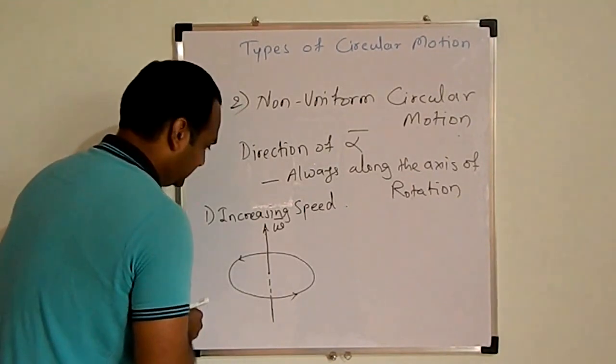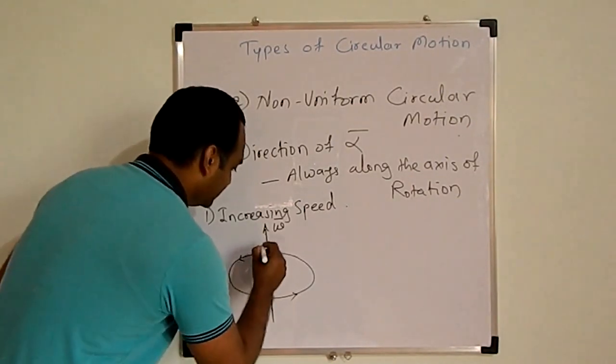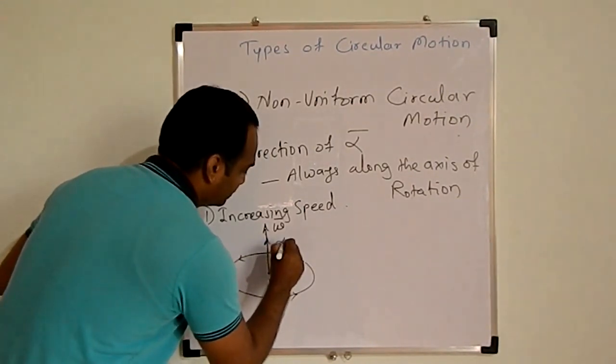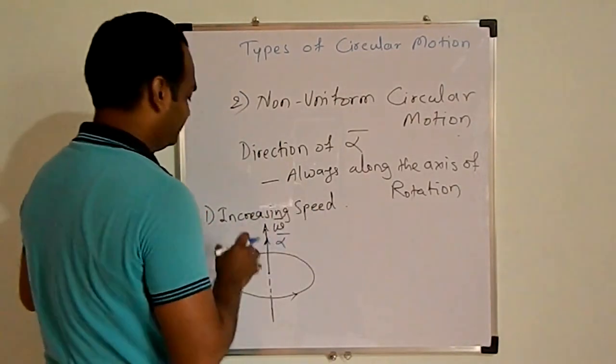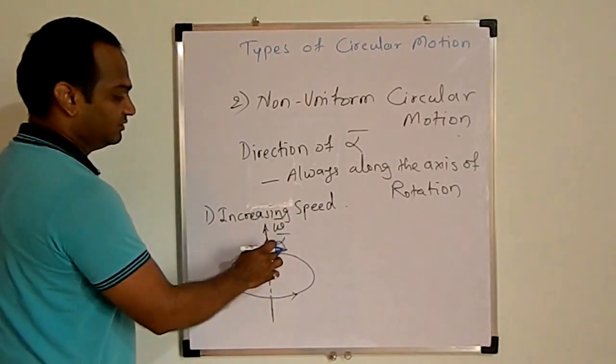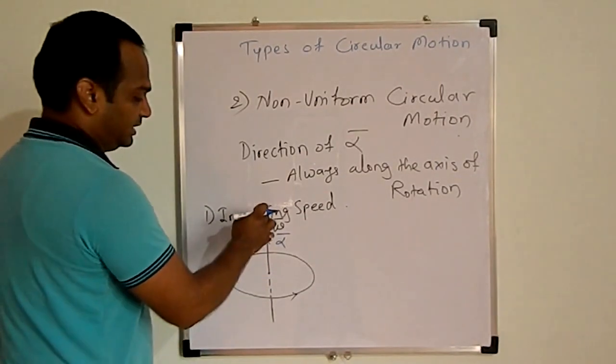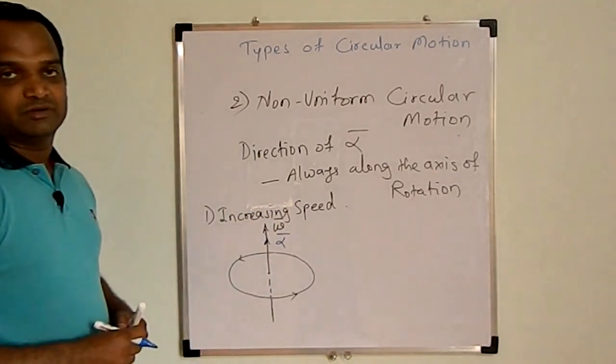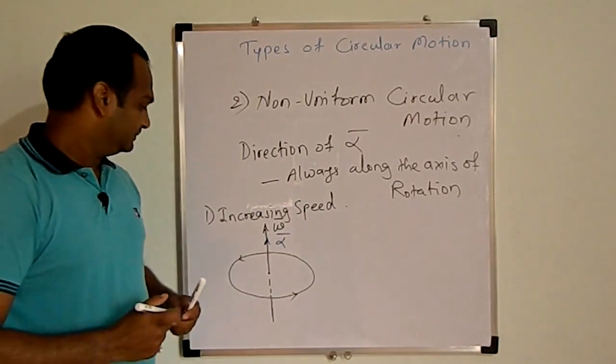So the direction of alpha bar is also upward. For increasing speed, the direction of alpha bar is along the angular velocity.